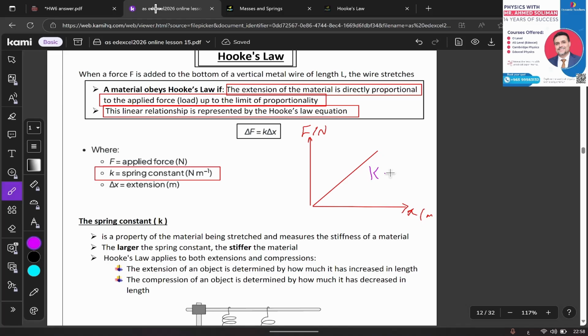The spring constant, or it is also called stiffness. So the spring constant is equal to force over extension. So the unit of the spring constant will be Newton per meter. So it will be Newton meter -1.